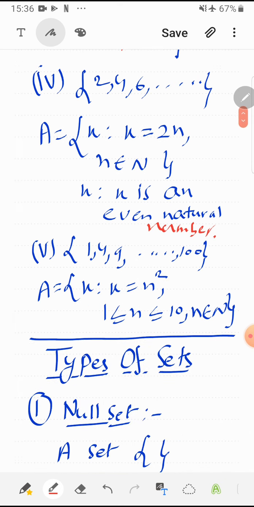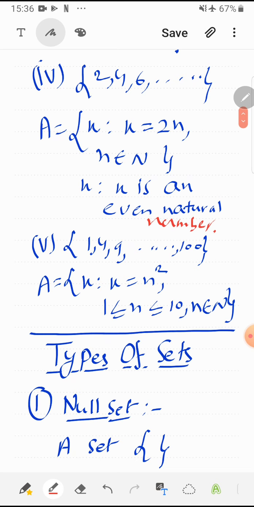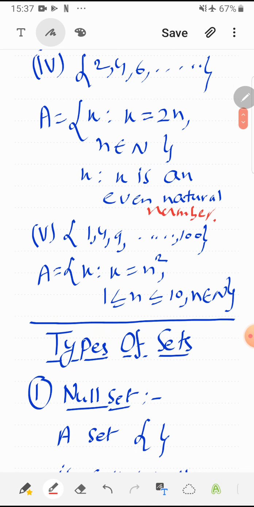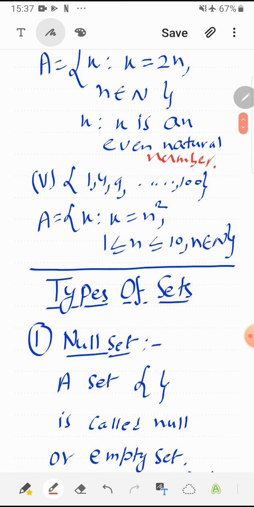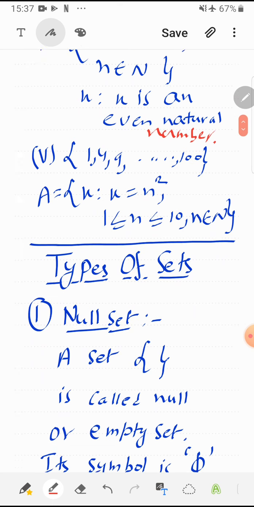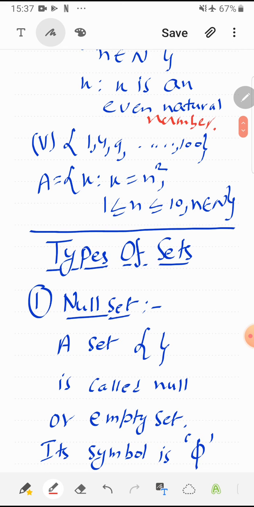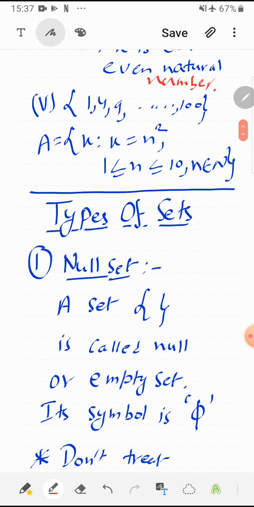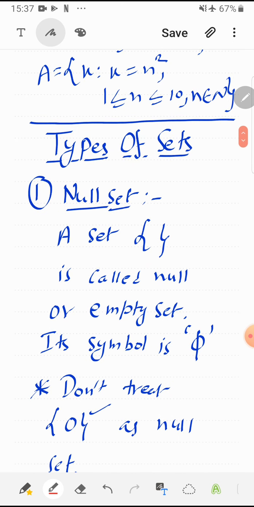Now let us discuss types of sets. First is the null set. A set in the form of empty brackets is called a null set or empty set. This is very important, because sometimes its symbol is phi and sometimes it is mixed up with the set {0}.